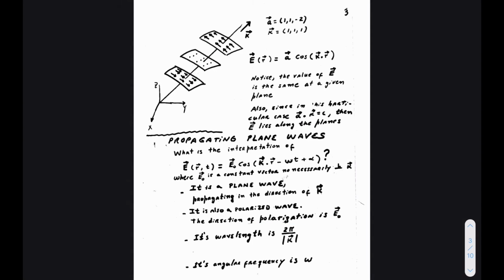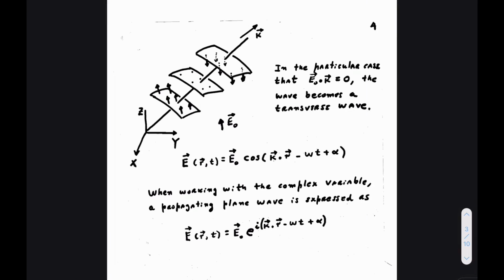We can also define the wavelength of this wave to be 2 pi over the magnitude of this wave vector k, and also the angular frequency to be omega. Now we can consider a particular case where E0 dot k vector is equal to 0. That means the E0 vector and k vector are perpendicular to each other.